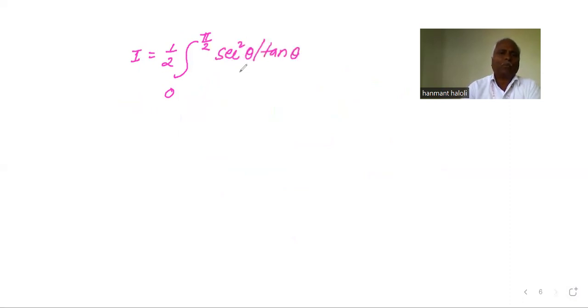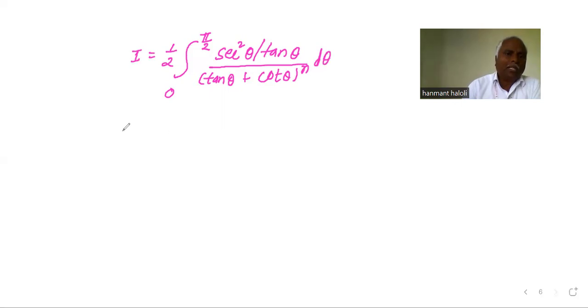Using this, we get the integral I equal to 1 upon 2, with limits minus infinity to plus infinity converted into 0 to pi by 2. The numerator becomes sec square theta upon tan theta with the dx value, divided by (tan theta plus 1 upon tan theta, that is cot theta) raised to n, d theta.